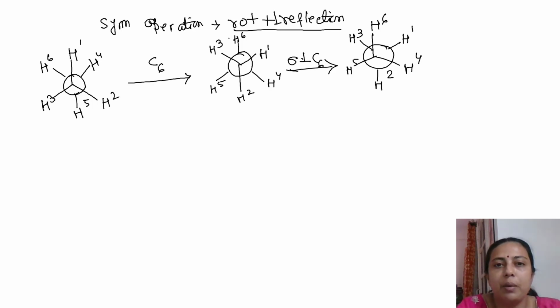Because if the reflection plane is bisecting the C1 C2 bond, then obviously H6 H4 H5 will come front and H1 H2 H3 will go back.